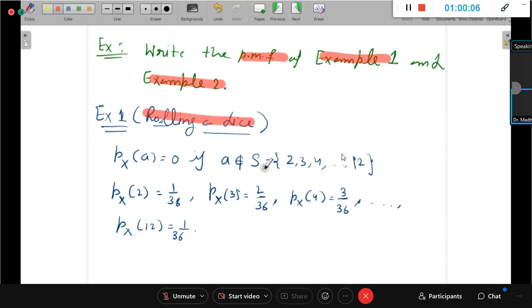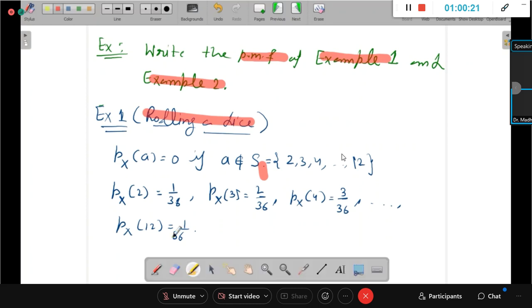Example 1 was rolling a dice, noting the sum S, which is 2, 3, 4, up to 12, and we have done this. p_X(2), p_X(3), p_X(4), and so on, p_X(12), and you can prove that their sum is equal to 1.